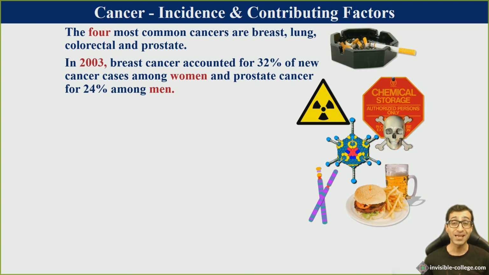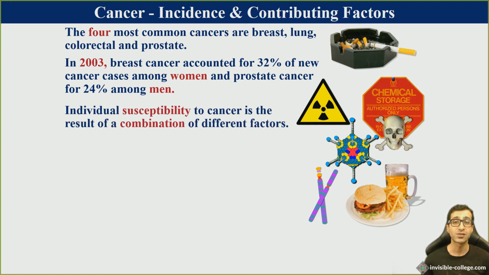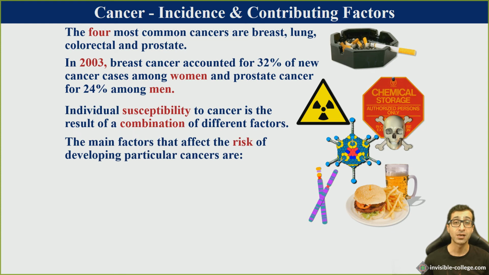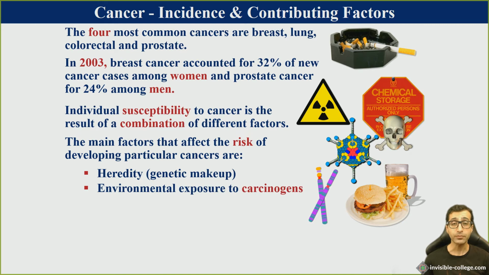Now, the susceptibility of individuals to cancer is a result of a combination of different factors. Now, the main factors that affect the risk of developing particular kinds of cancer are the genetic makeup of an individual, the environmental exposure to carcinogens, the personal lifestyle of the individual, the age and the gender of the individual. These are all the main factors which contribute to the risk of a particular individual developing a particular kind of cancer.